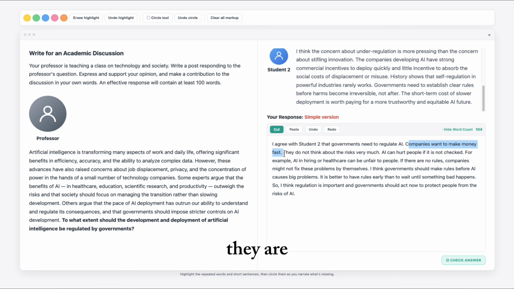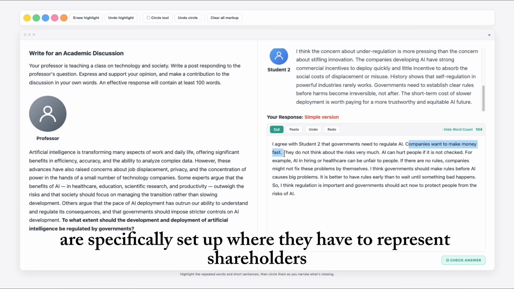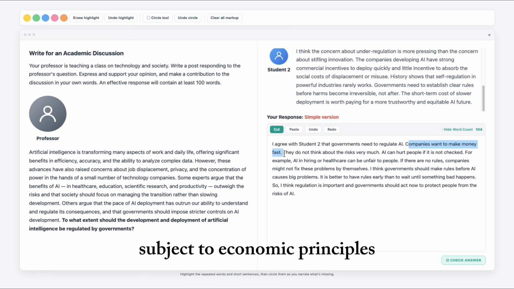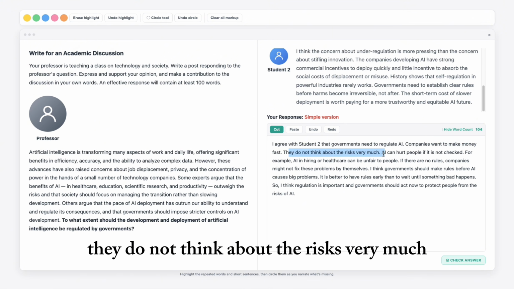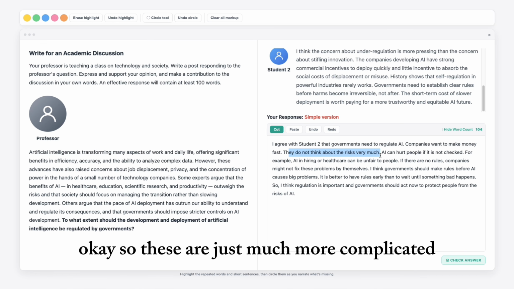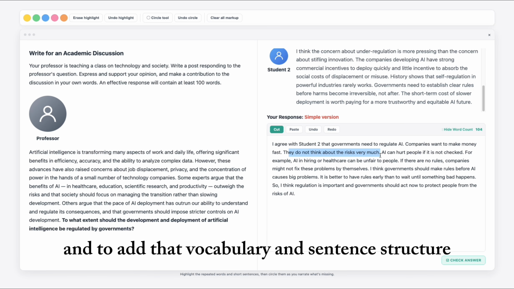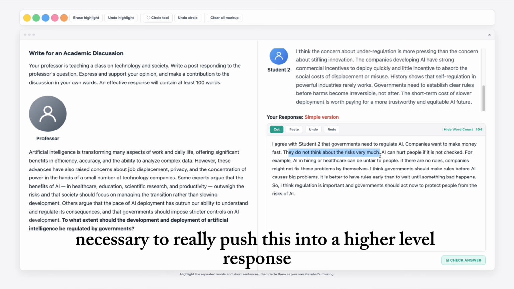They are specifically set up where they have to represent shareholders, and so their moral and ethical decision-making processes are very subject to economic principles. They do not think about the risks very much. Okay, so these are just much more complicated, much more complex ways to say this and to add that vocabulary and sentence structure necessary to really push this into a higher level response.